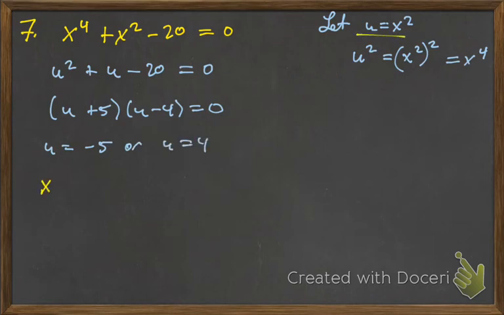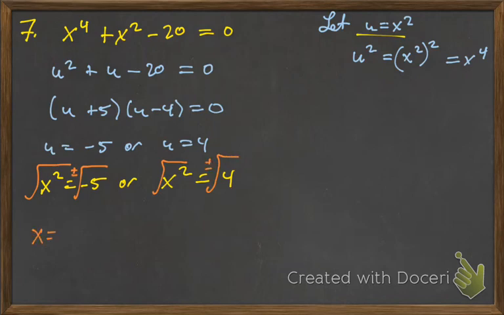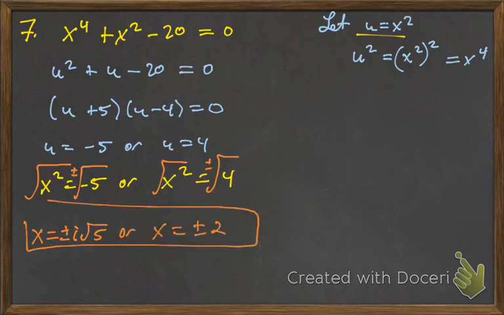Okay, u is x squared, and so x squared is negative 5, or x squared is equal to 4. And to solve this, we're going to go ahead and take the square roots of both sides. Don't forget your plus or minus. x is equal to plus or minus i root 5, or x is equal to plus or minus 2.